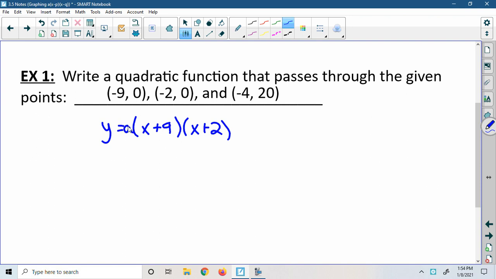And we have this a number out front. We're not quite sure what that a number is yet, but we know quite a bit in here, and we use this random point to plug in for x and y. So the y will be 20. Still don't know the a. The x will be -4. So that'll be -4 plus 9 and -4 plus 2.